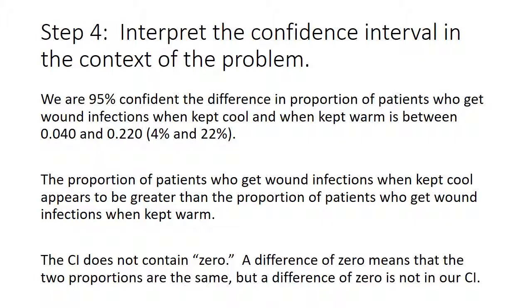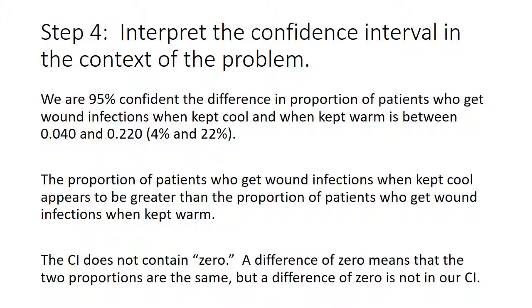If that confidence interval contained the number 0, we wouldn't be all that confident that the two groups really are different. If our confidence interval contains the number 0, then it's not ridiculous to think that there is a 0% difference between the two groups.